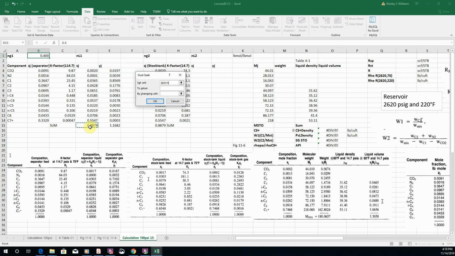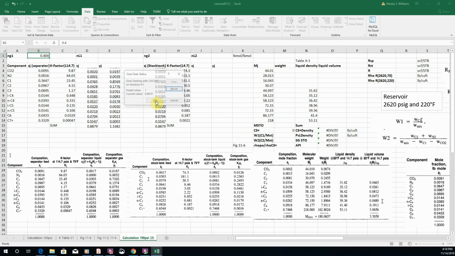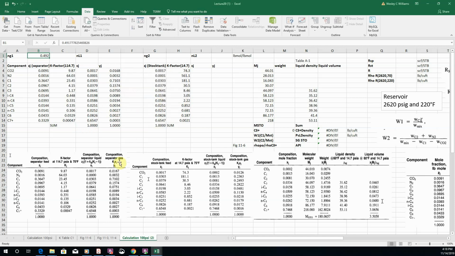I want to set this cell to equal 1.0, which is what we want to do. And the cell we want to change is this guy. So this is going to keep changing this value until that equals 1, and hopefully you have your solution. And there we go. So it got them equal to 1.